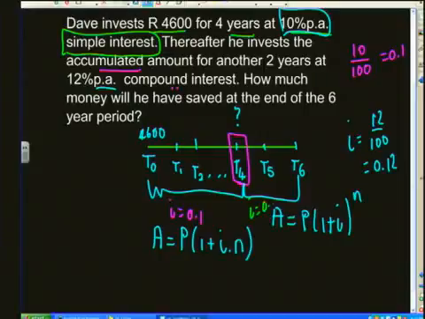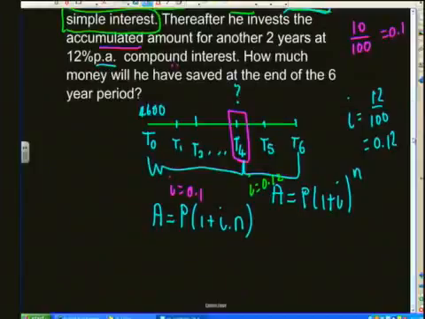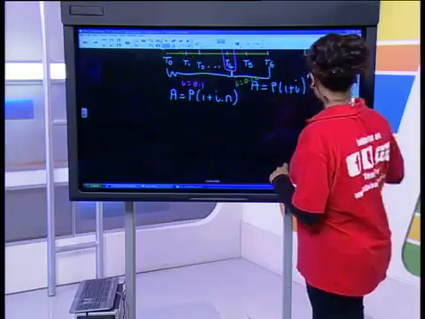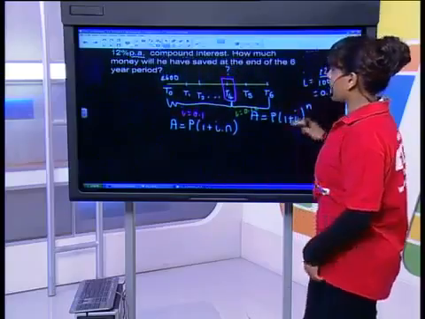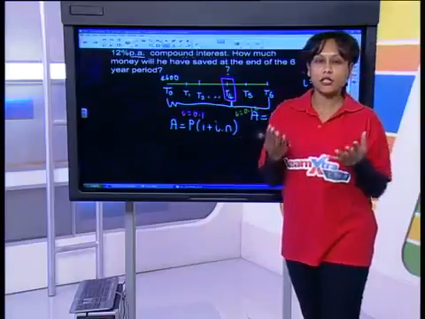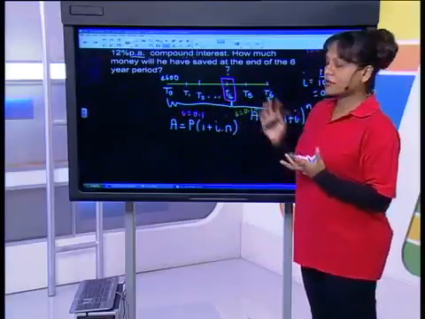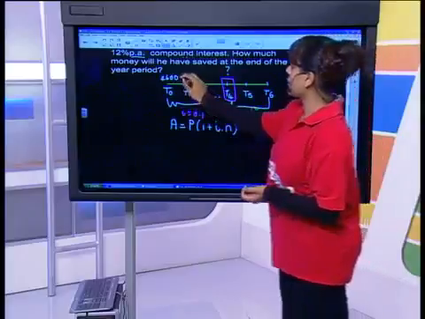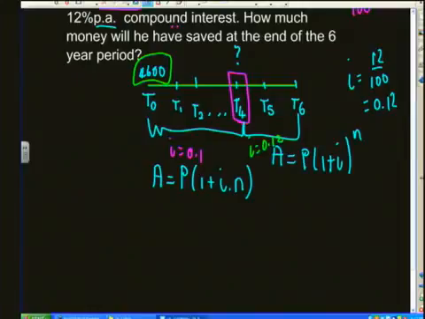Once you've summarized everything into this timeline, guys, it's actually very easy to decide what you need to do. You can see that he put that amount in, 4,600 Rand. That is then worked on by simple interest for a 4-year period.